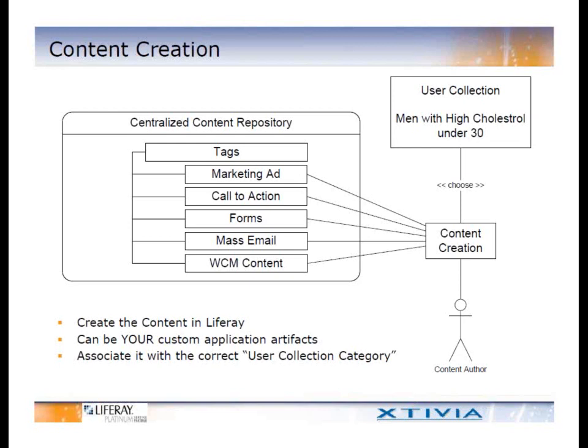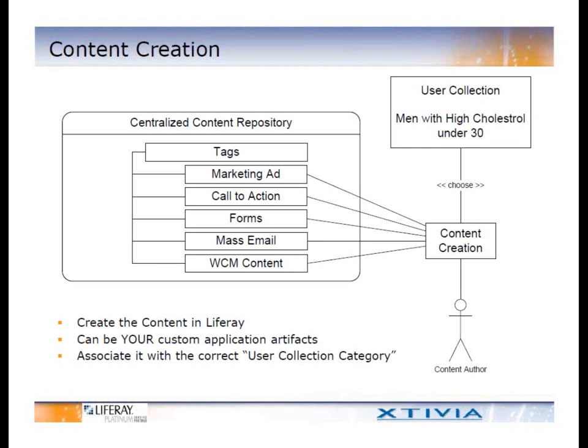From the content author's perspective, they know that they've created the right piece of content, and by choosing this method of categorization, they know that this banner advertisement is only going to be displayed in the system to people that meet that particular user collection rule set.